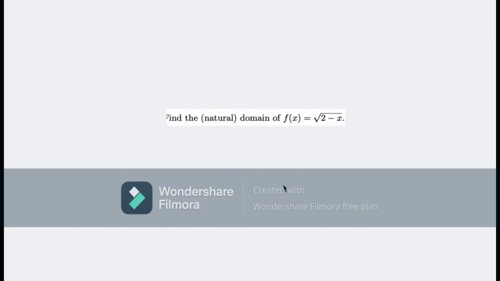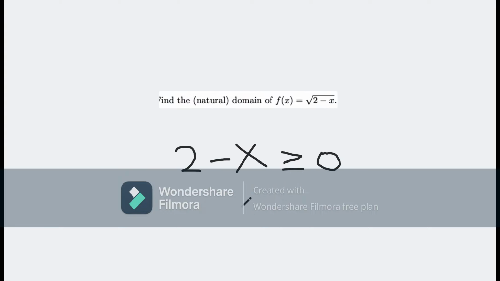Pause the video if you need a moment to solve this yourself. Okay, so the solution to this is there's a root, which means you can't input negative values into the root, so you have to set up an inequality. 2 minus x must be greater than or equal to 0, because as I said before, you can't input negative numbers into the root.